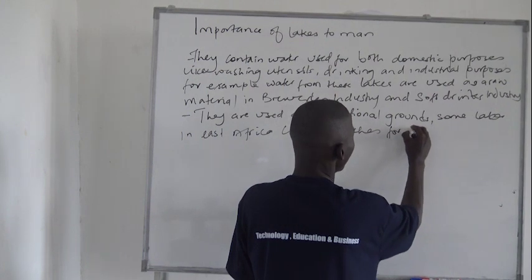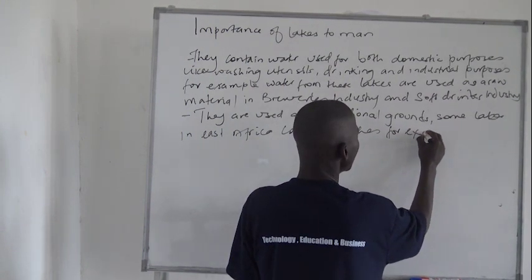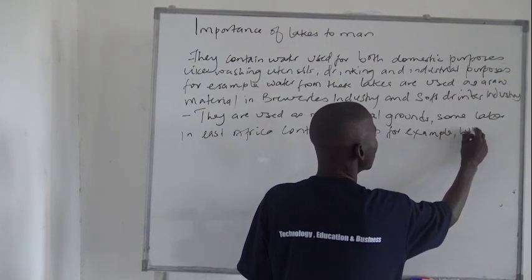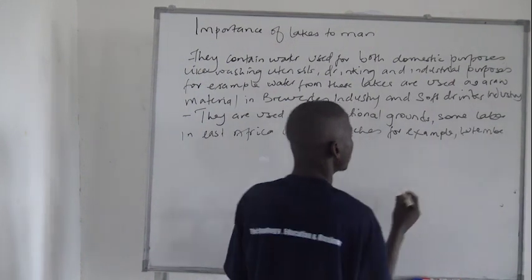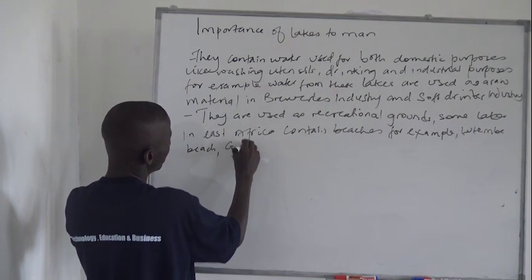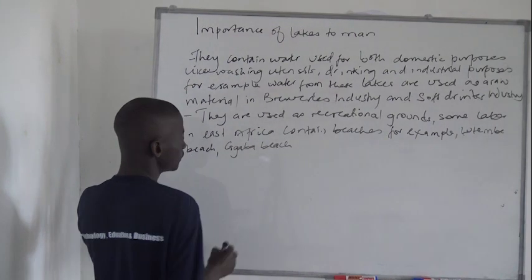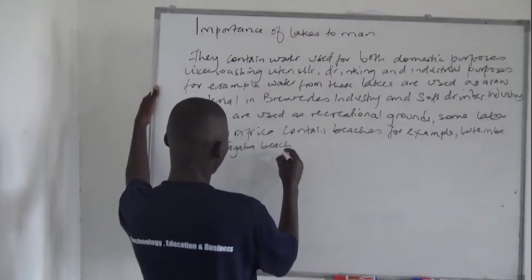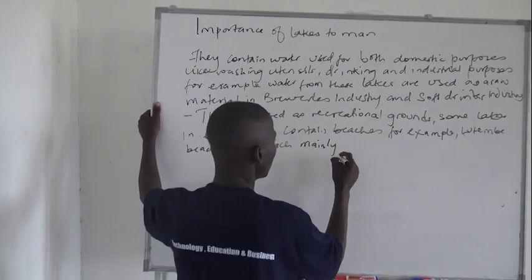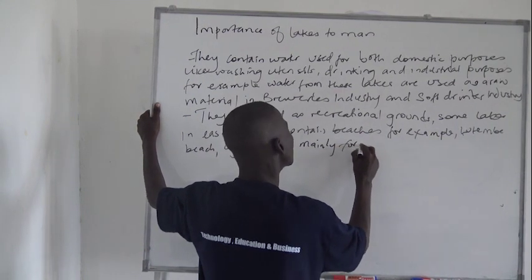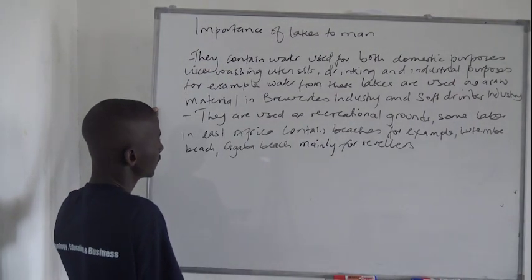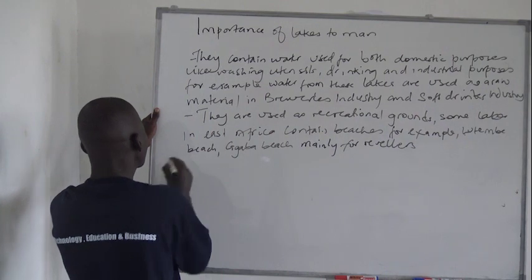Examples of such beaches are Lutembe Beach and Gaba Beach, mainly for revelers. So that is one of the other importance.